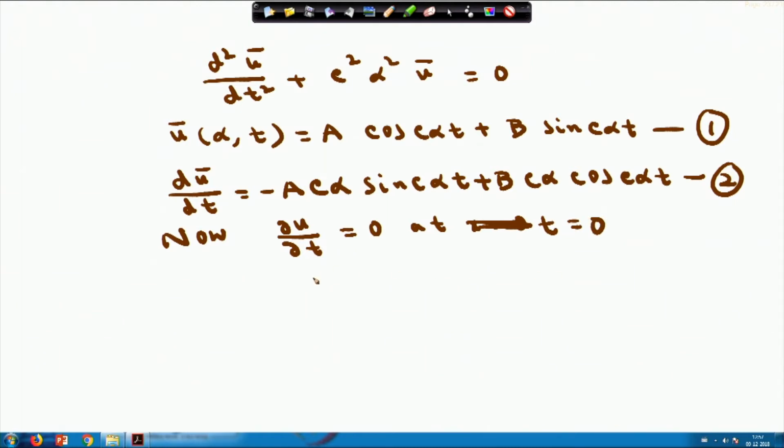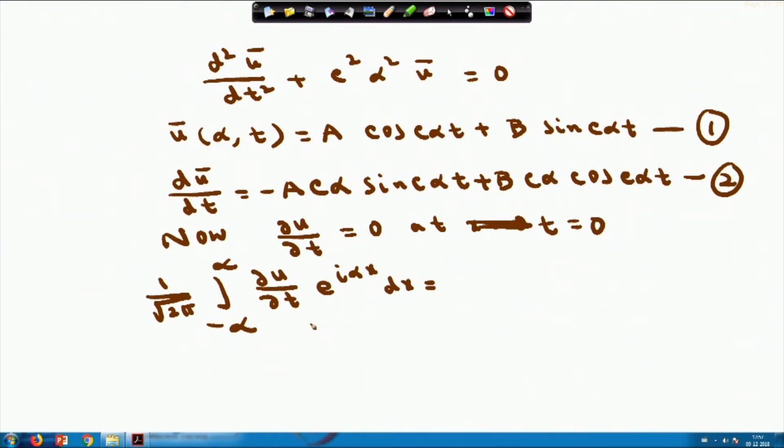So, what I can write down: 1 by root 2π, minus infinity to infinity ∂u/∂t into e^(iαx) dx. Since ∂t is there, but you are integrating with respect to x, this ∂t we can bring outside.